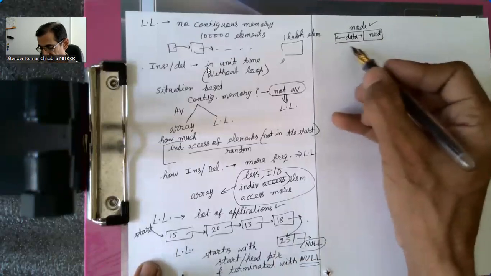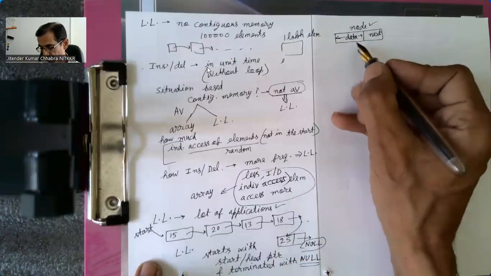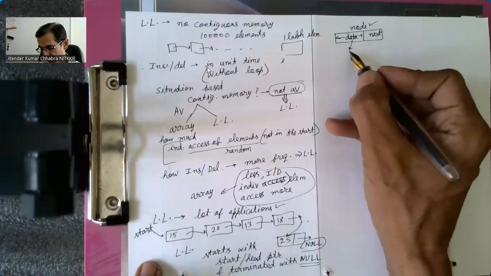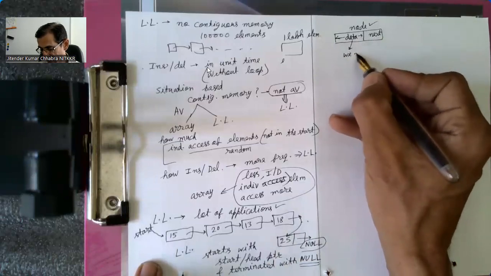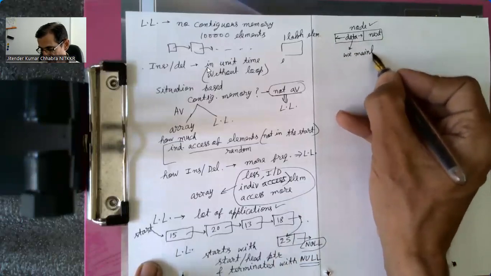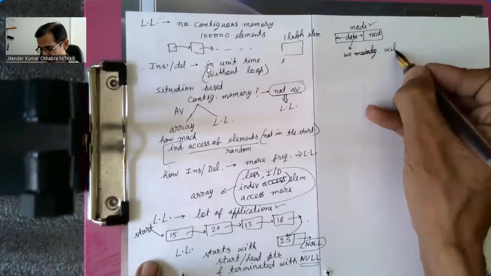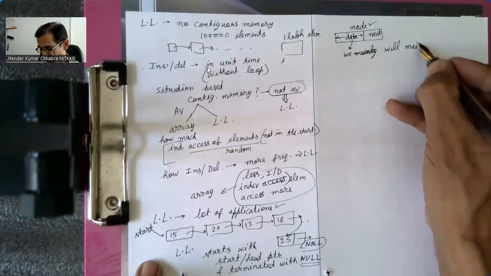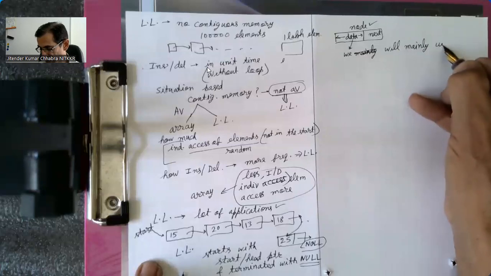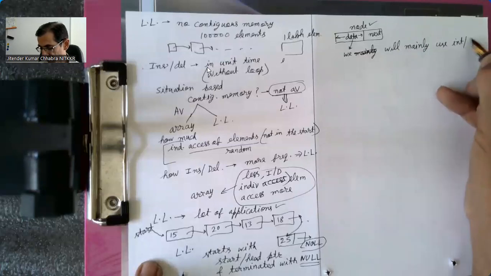So normally we say the node has two components. For data, in future we will mainly use int or char mostly.